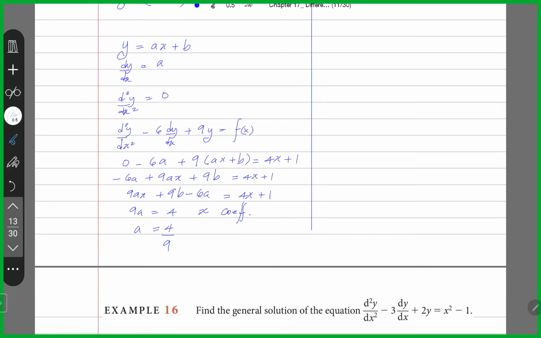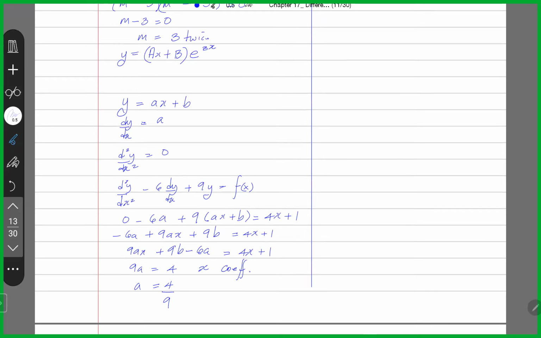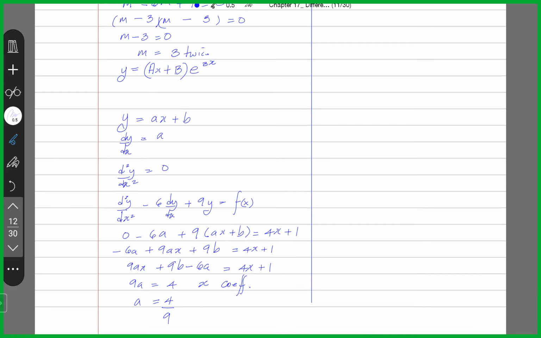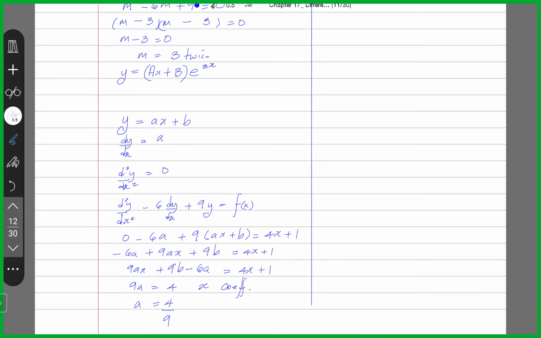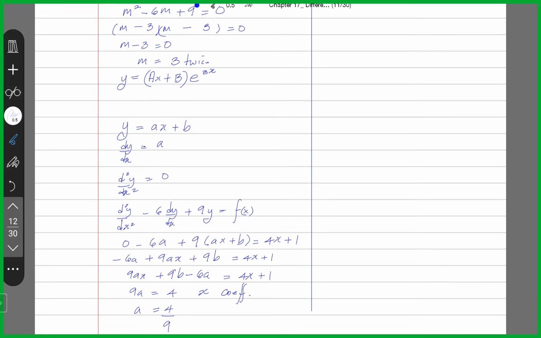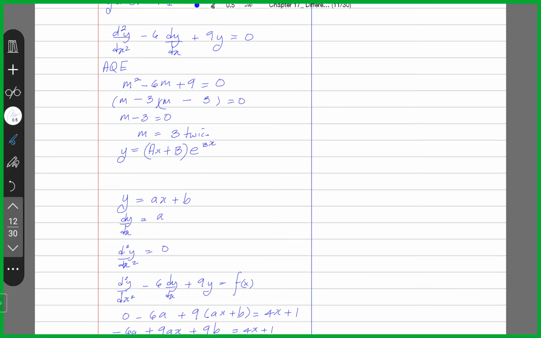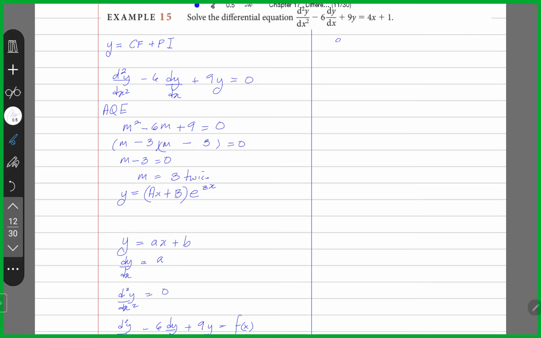All right, let us now find b and complete the solution of this question. For b, we can say that 9b minus 6a is equal to 1. That is the constant. So 9b minus 6a is equal to 1.